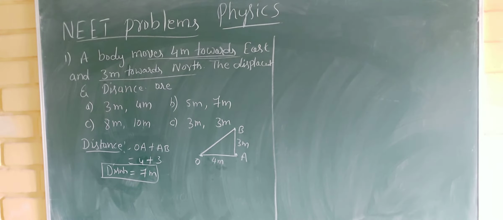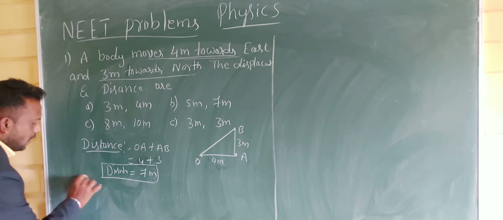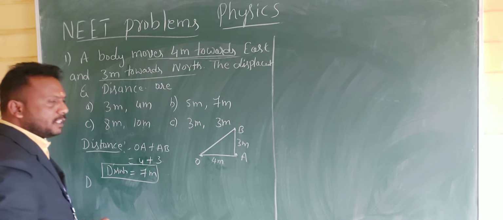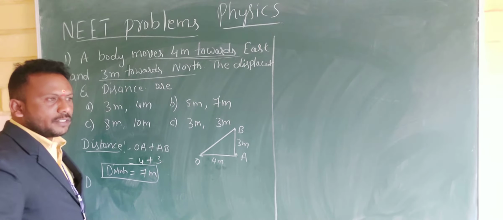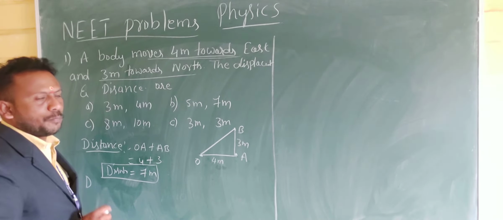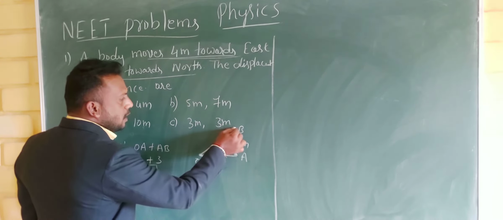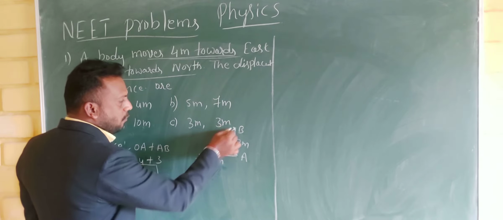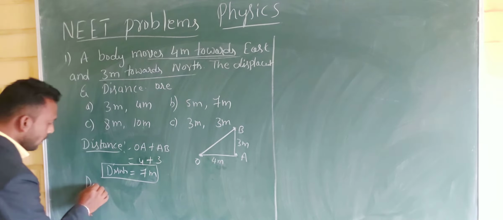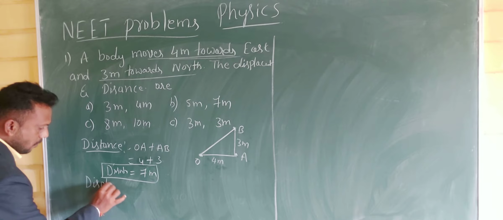How to calculate the displacement? According to the definition of displacement, it is the shortest distance between the initial and the final positions. Initial position is O, final position is B. Therefore, the shortest distance between initial and final position is OB.